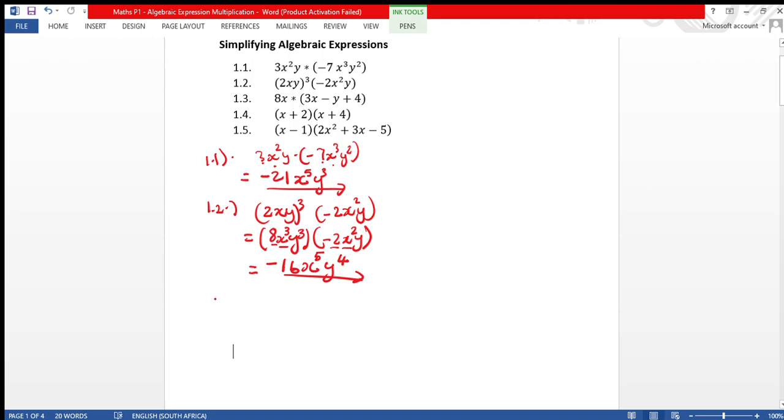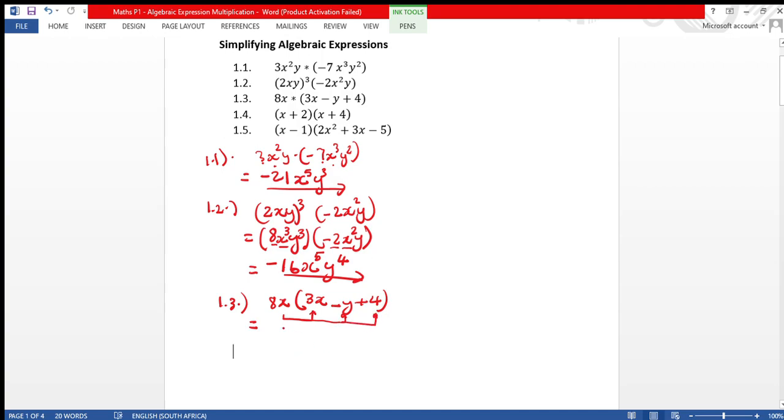Okay, so let's go to 1.3. You have 8x multiplied by the bracket of 3x squared minus y plus 4. So here basically you're just going to multiply each term by 8x: first term, then the middle term, then the final term.